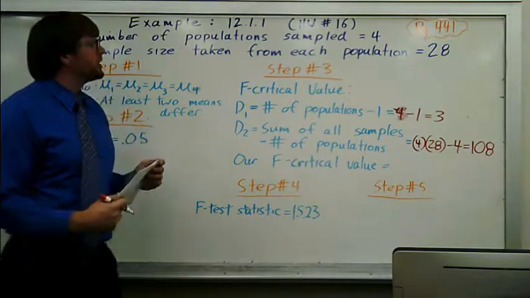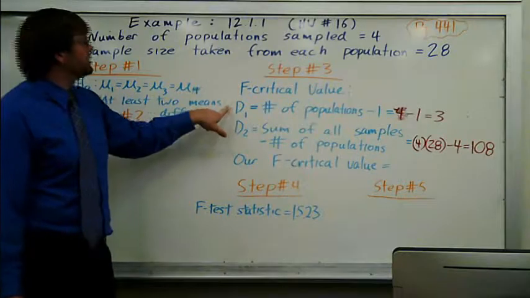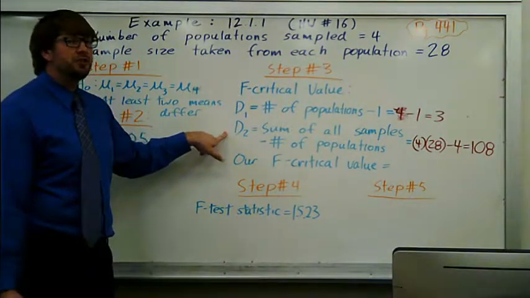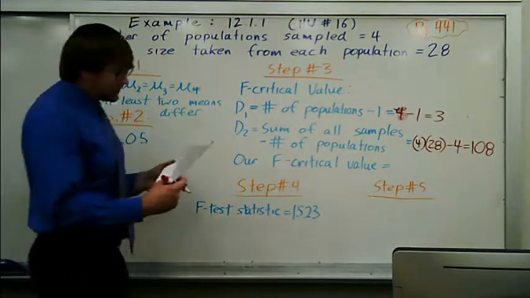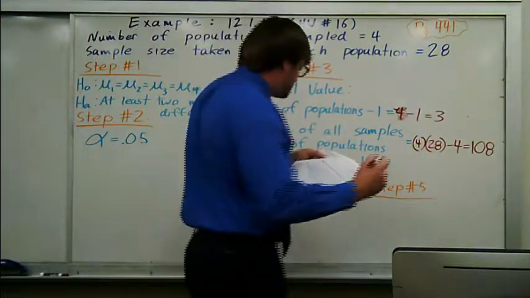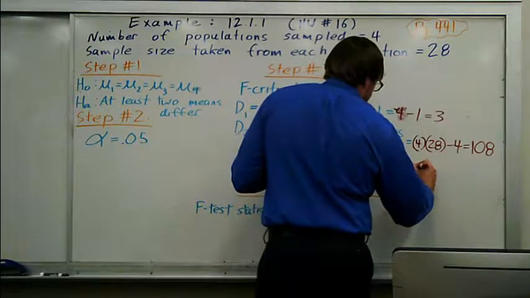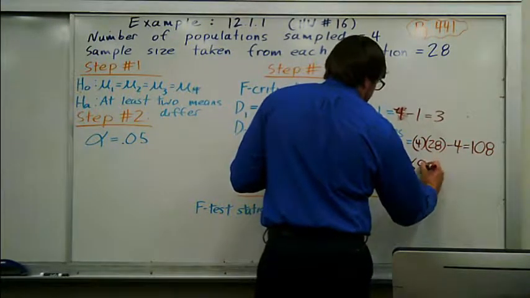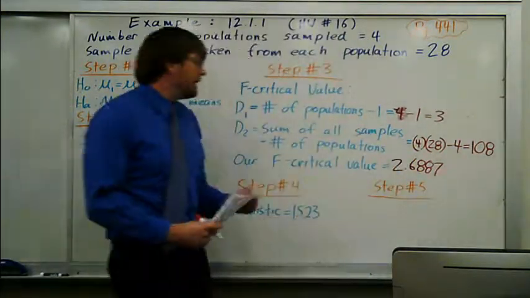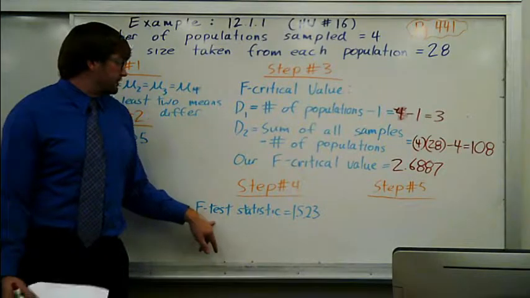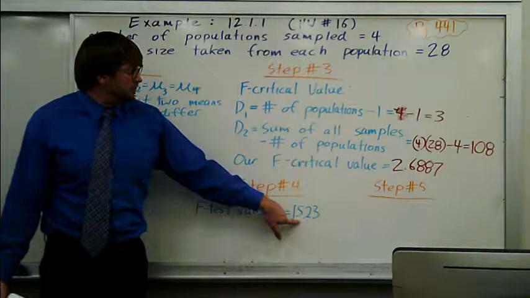So now what you want to do is go online and look up the F critical value relating to a D1 of 3, a D2 of 108, and a significance level of 0.05, and you should get an F critical value of 2.6887. Now once again, step number 4 is to figure out the F test statistic. We already calculated that's 15.23.